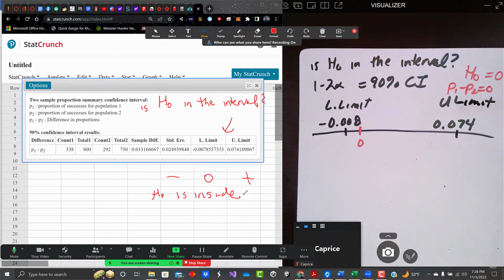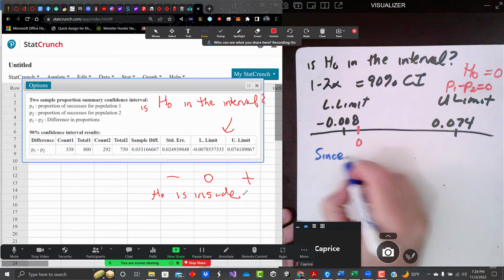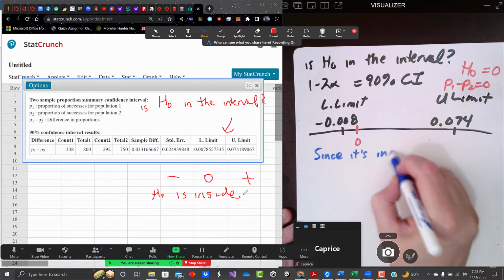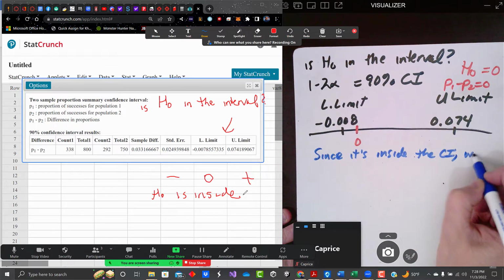It's really close to not being inside the interval. It's really close to it, but it's still inside. Since it's still inside, we can't reject it.